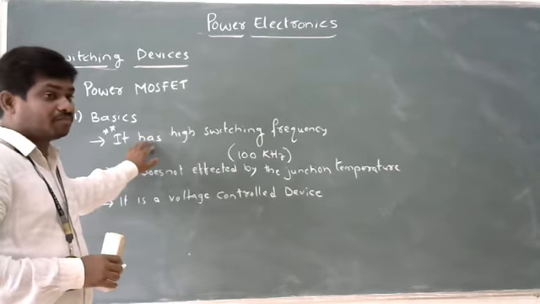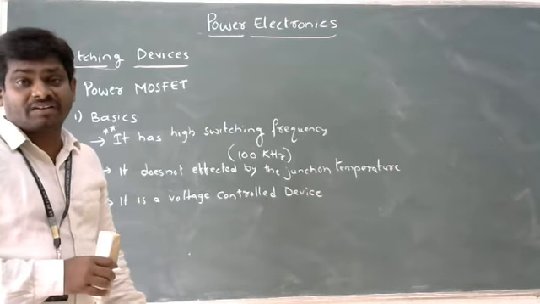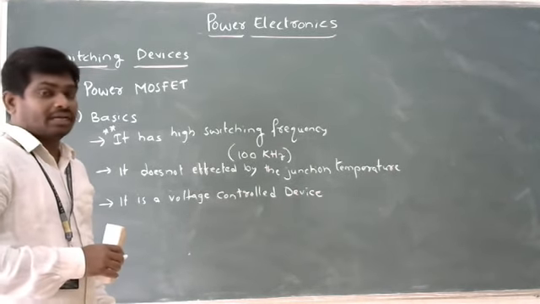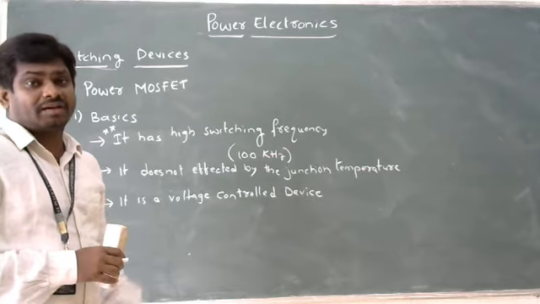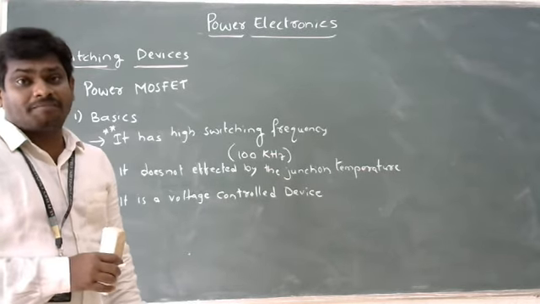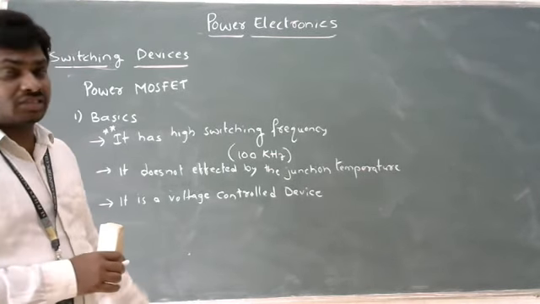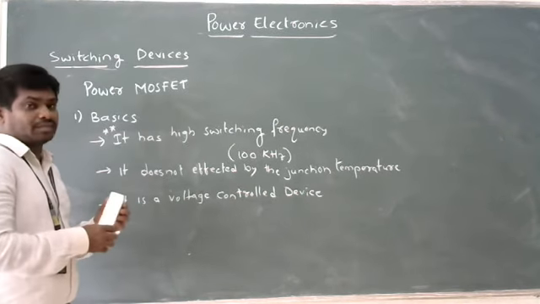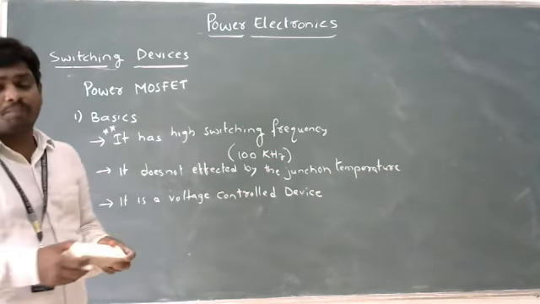Basically, these are used for high frequency applications, like analog electronics, where we find high frequency values in kilohertz, megahertz, and so on. So these are some basic points that we have to remember about the power MOSFET.